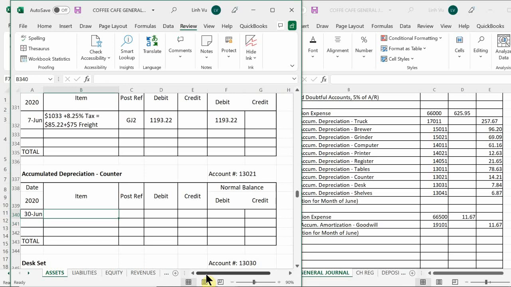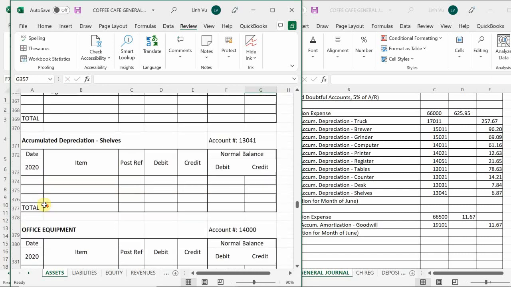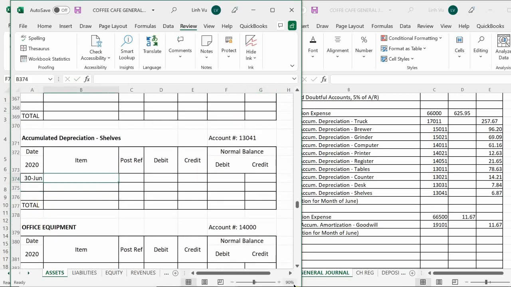The counter for $14.21. You have the desk for $7.84. Okay. And then the shelves for $6.87.